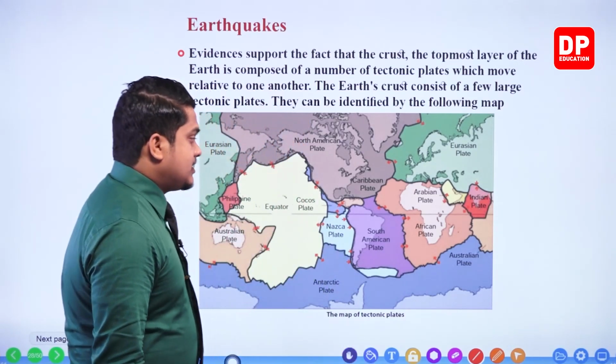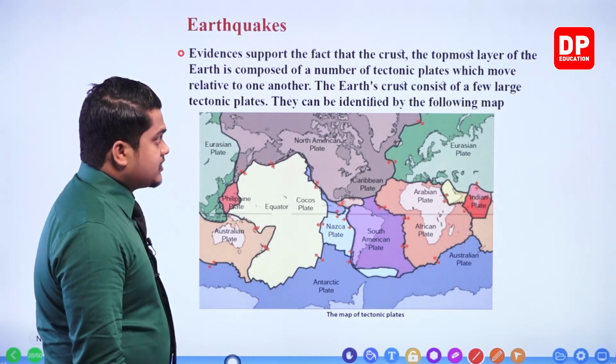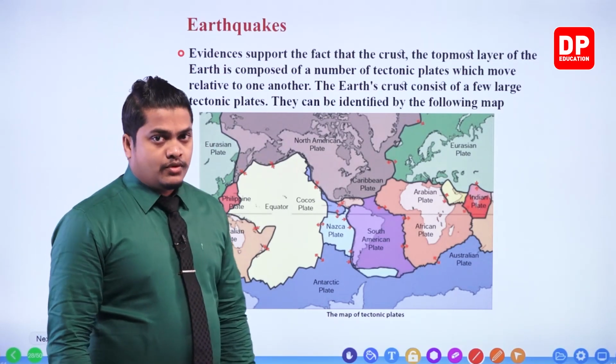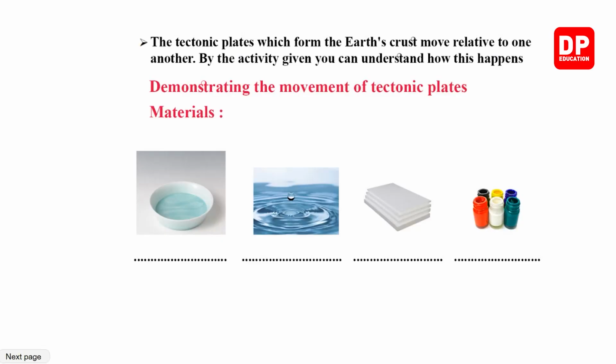Right then, so these are the tectonic plates which the earth crust has been divided into. Then, my dear children, the tectonic plates which form the earth crust move relative to one another. By the activity given, you can understand how this happens.